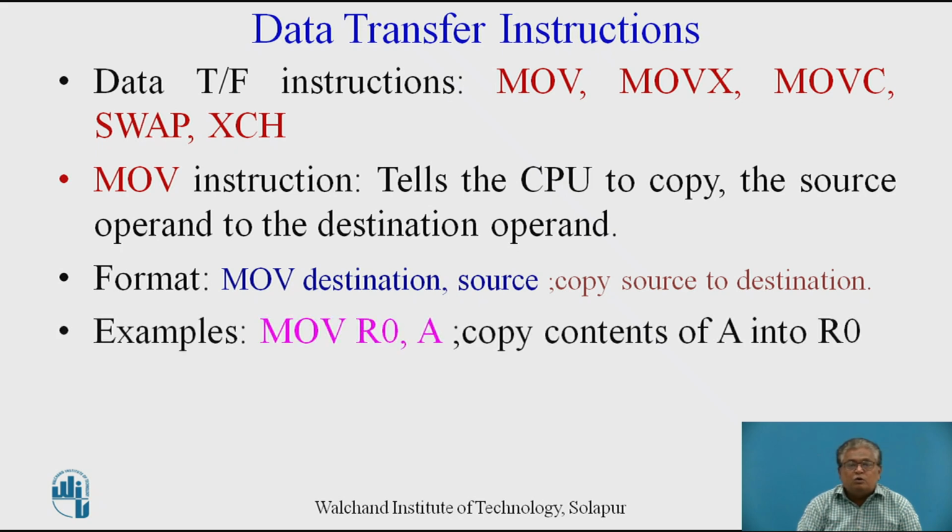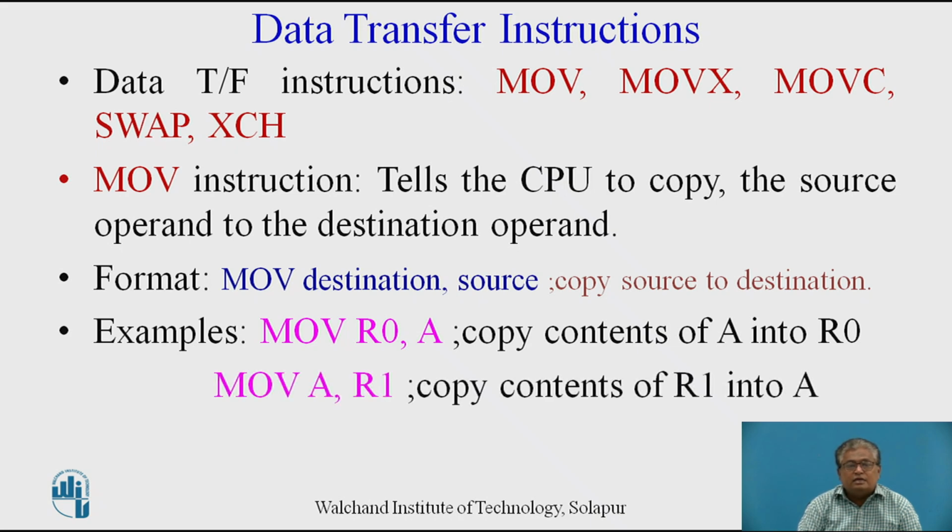Example, MOV R0, A. This instruction copies the contents of A into the register R0. Another example, MOV A, R1.